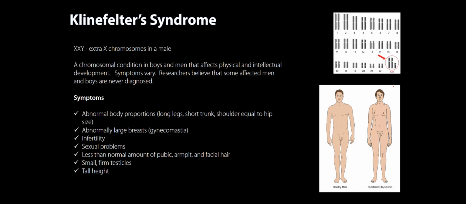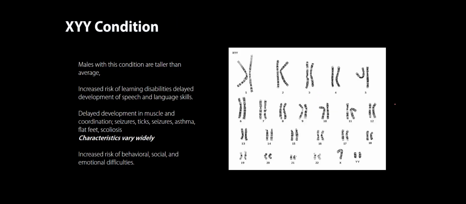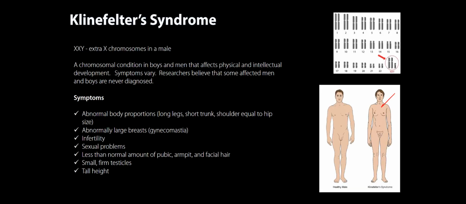But overall, the symptoms include an abnormal body proportion: longer legs than normal with a shorter trunk, meaning the abdomen area, and abnormally large breasts, so you'll see an increase in breast size, in addition to small testicles and features that are feminine in nature.